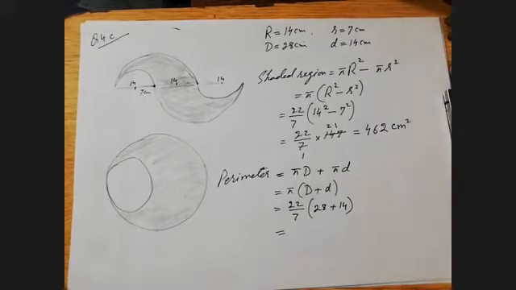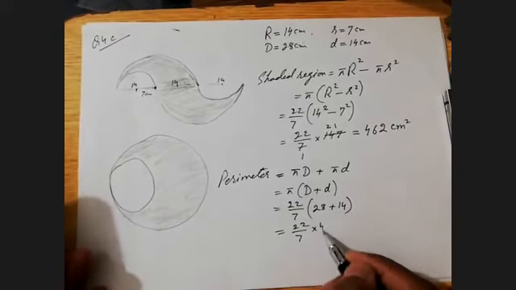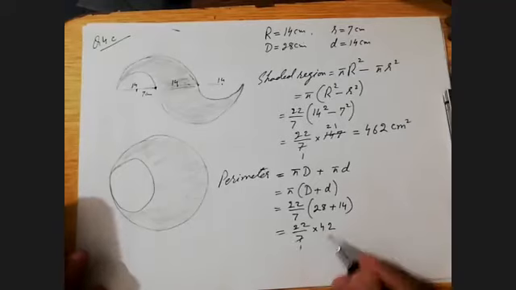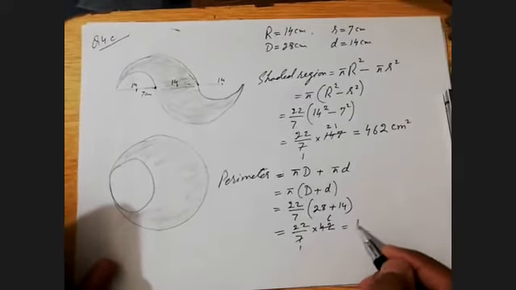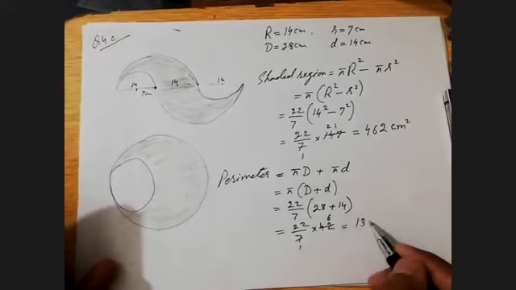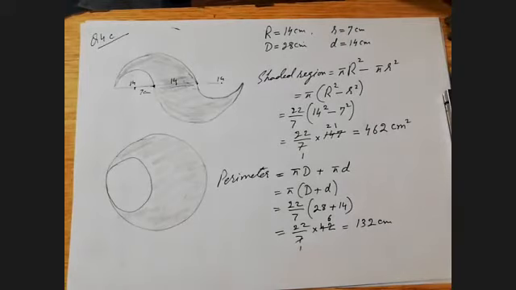So you can do the calculations. 22 over 7 into 42. 7 sixes are 42, so 132 centimeter. So this is the perimeter of the shape.